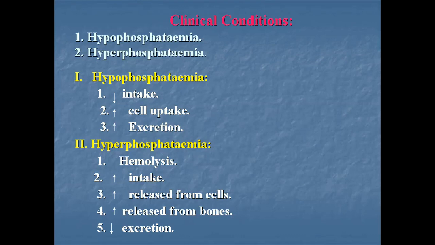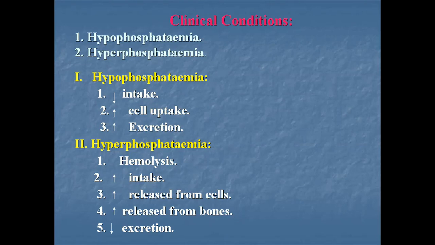Number one, in hypophosphatemia, decreased intake of phosphorus, associated with malabsorption and vomiting. In vomiting, an excess loss of phosphate occurs, leading to a decreased level of phosphate in serum, leading to hypophosphatemia.